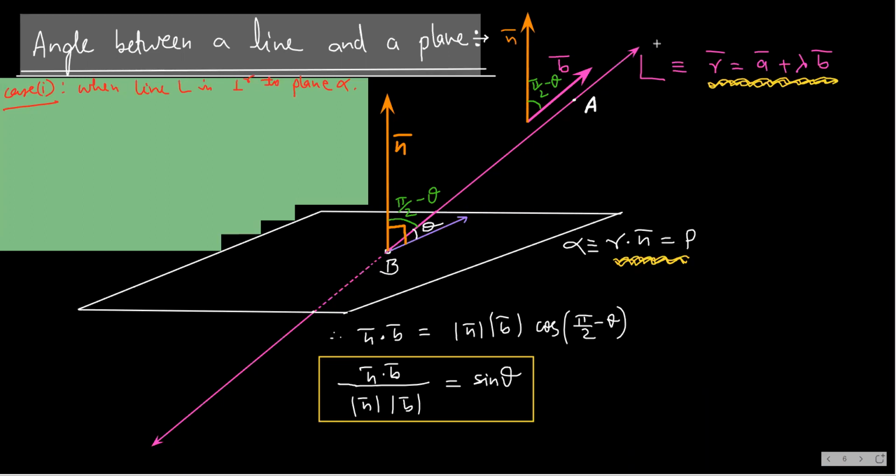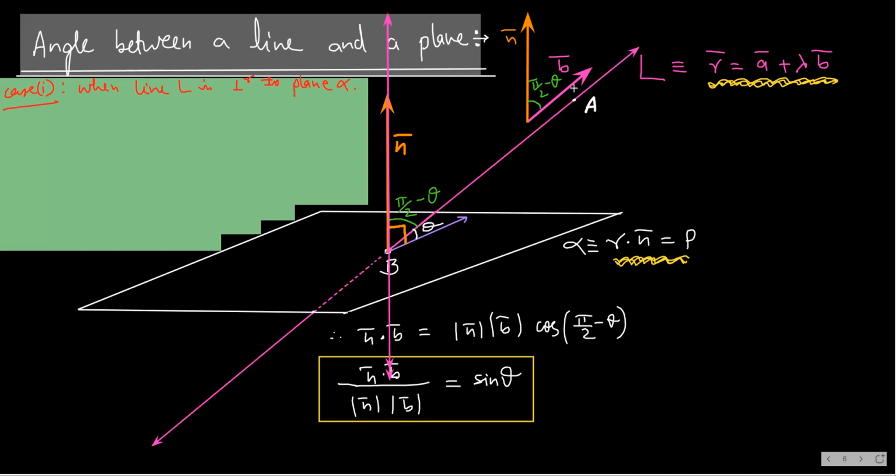You know, this is your line L. What is happening? It is becoming perpendicular to plane alpha. You see this? The line earlier was this way. Now the line is perpendicular to plane alpha. It is this way. And see, if the line is perpendicular to plane alpha, b bar is a vector parallel to the line.